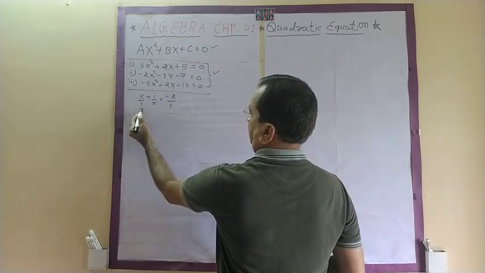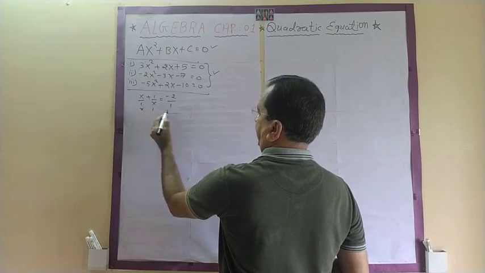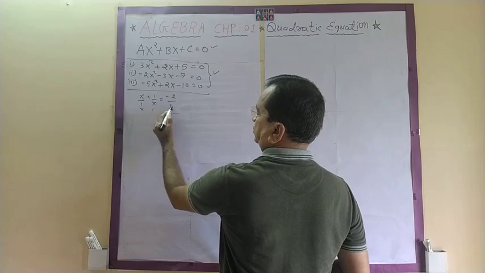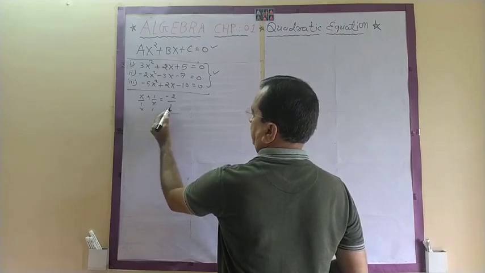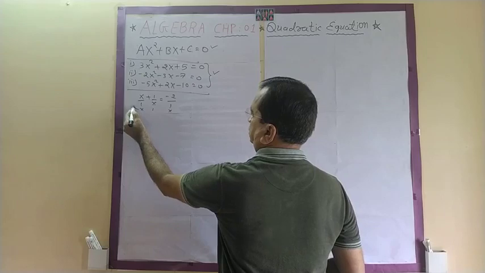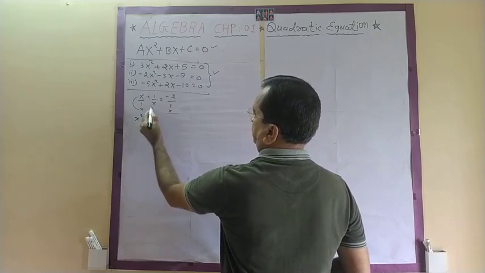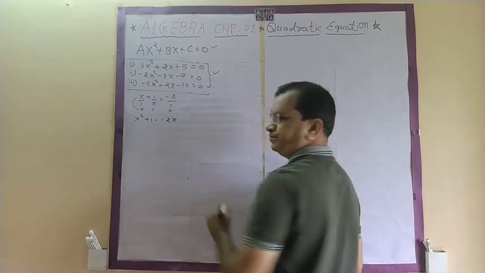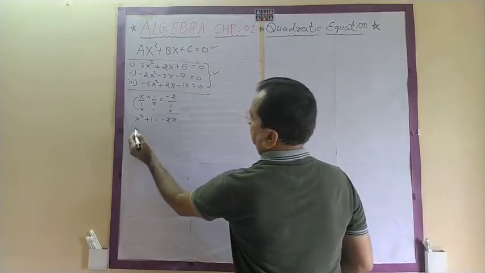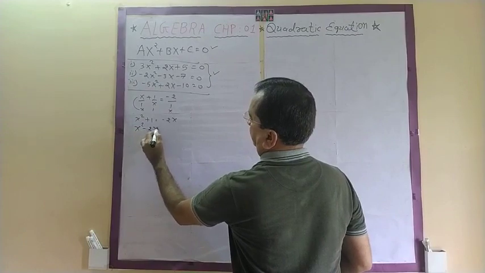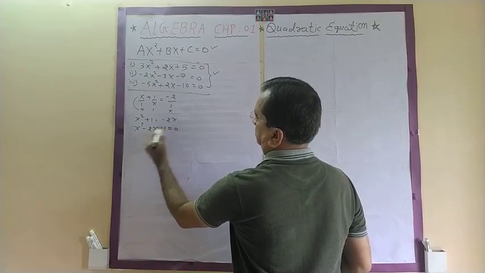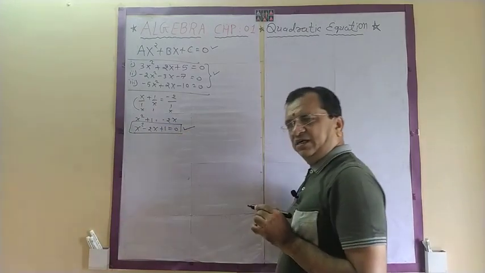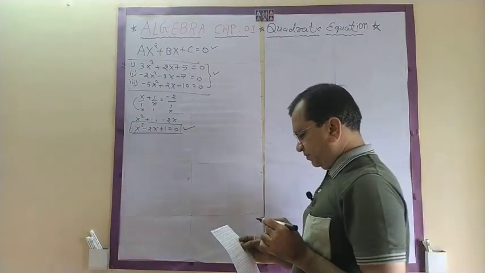Take the product of the rest: this into this, it is x square; this into this, plus 1. Now this comes this side: x square plus 2x plus 1. It is in the form of ax square plus bx plus c. That is why it is a quadratic equation.